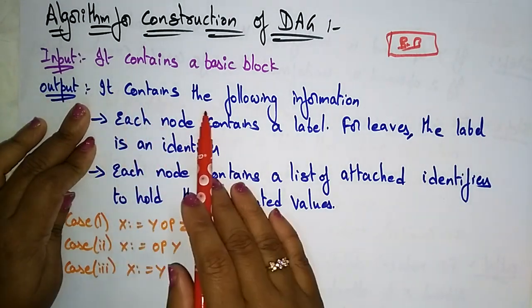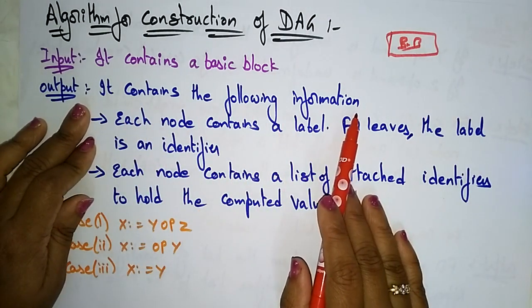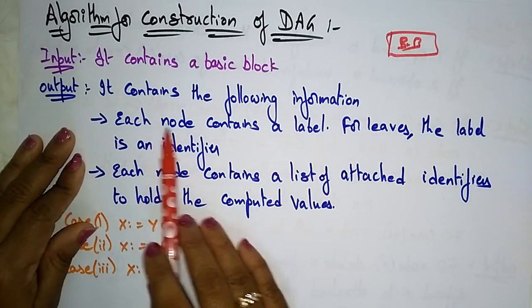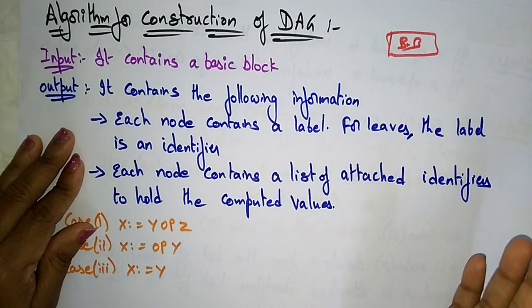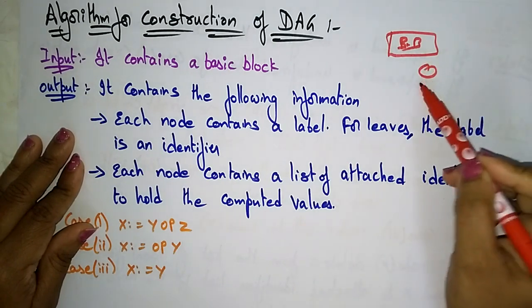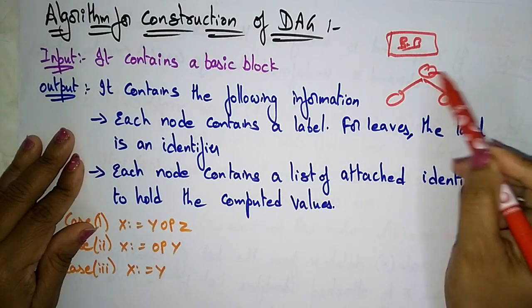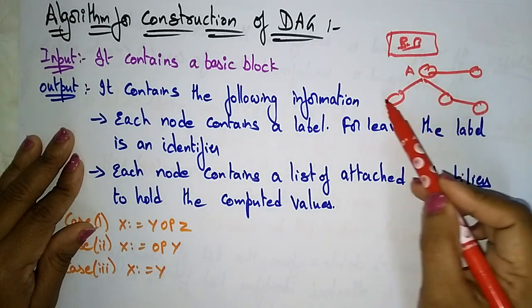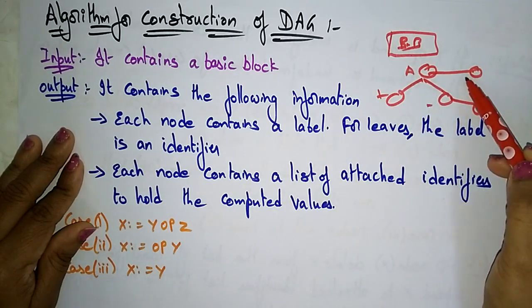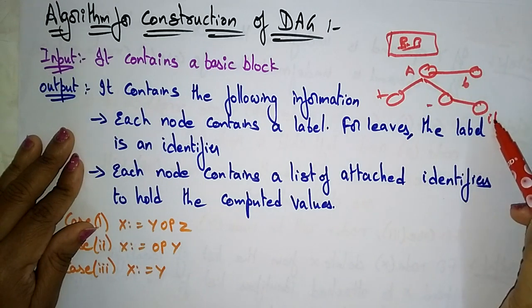Output: it contains the following information. Each node contains a label. For leaves, the label is an identifier. Whatever nodes it consists of, those nodes have labels, like a, plus, minus, or B, ID, and so on.